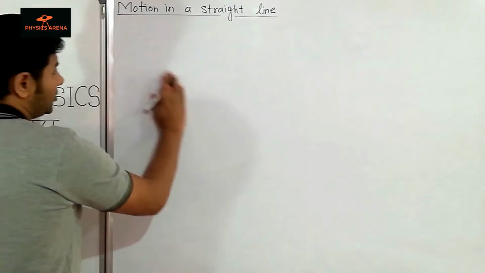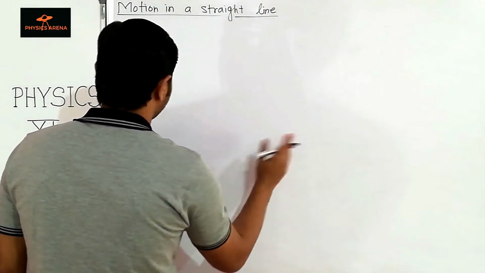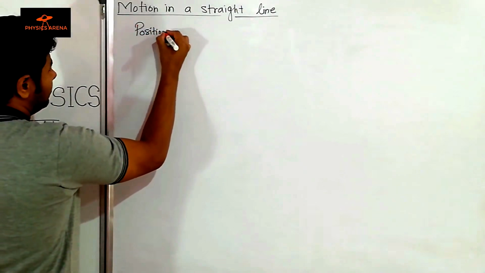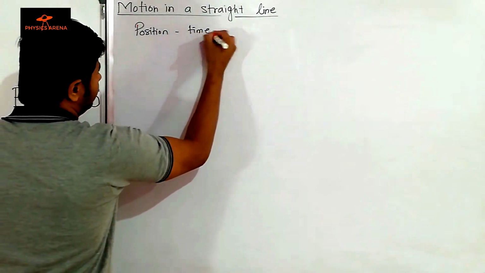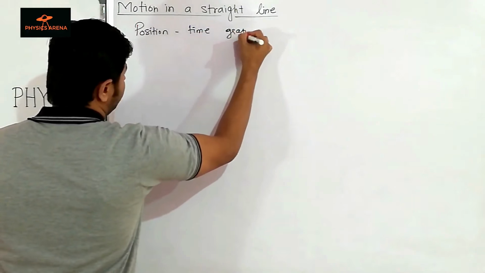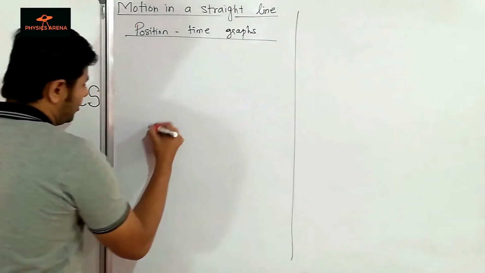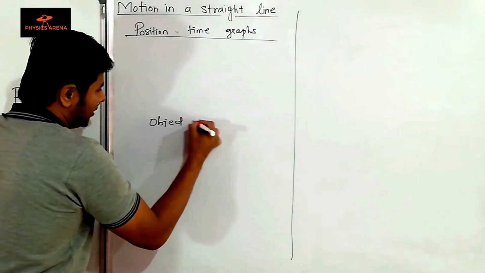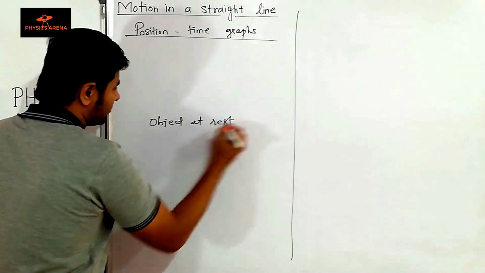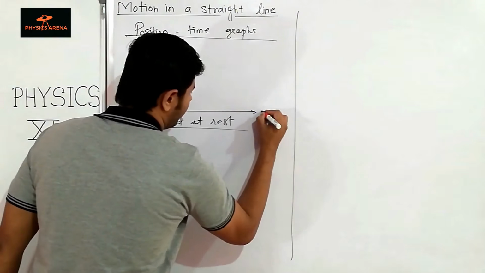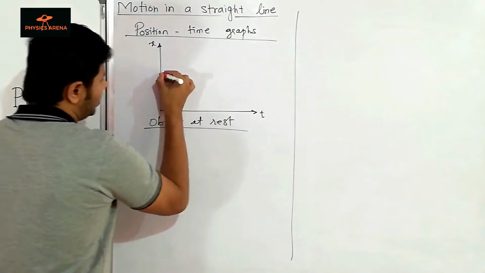Now we are going to use a lot of analogy with the last lecture. So let me just plot some position versus time graphs. Now for an object at rest, the position versus time graph is like this.